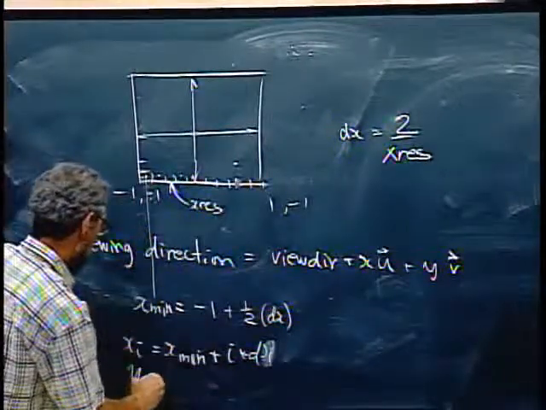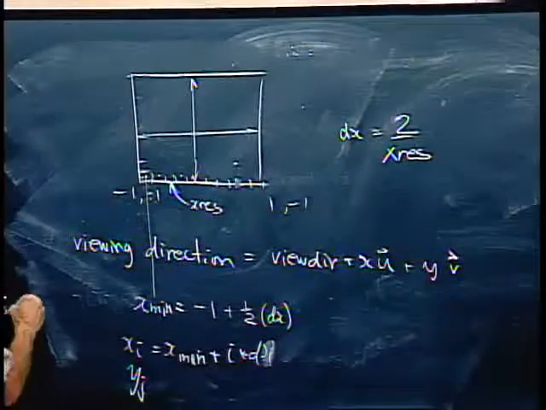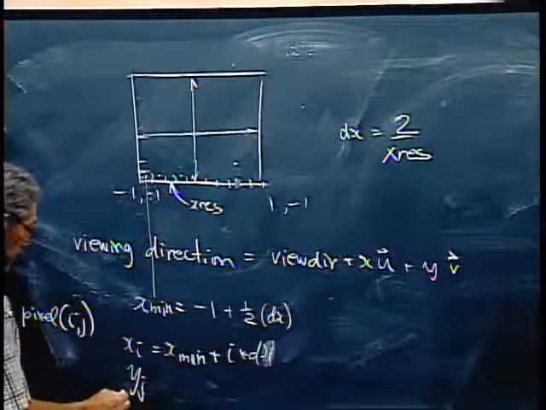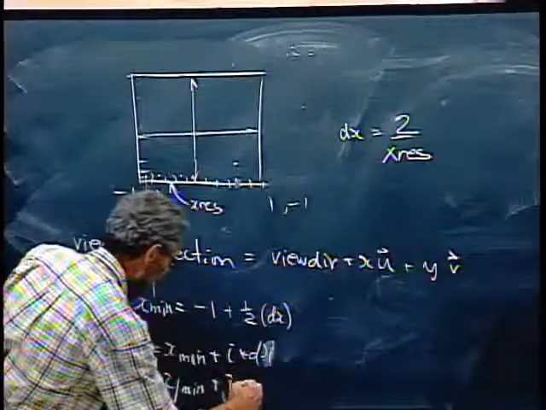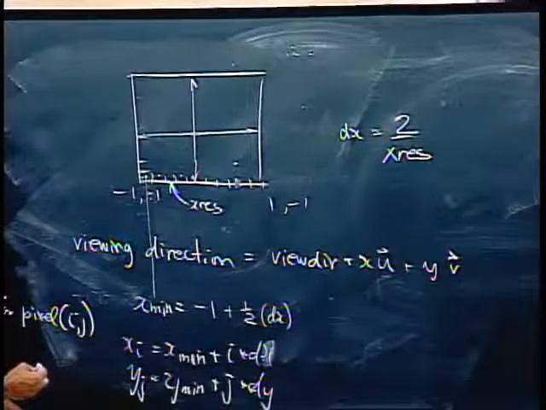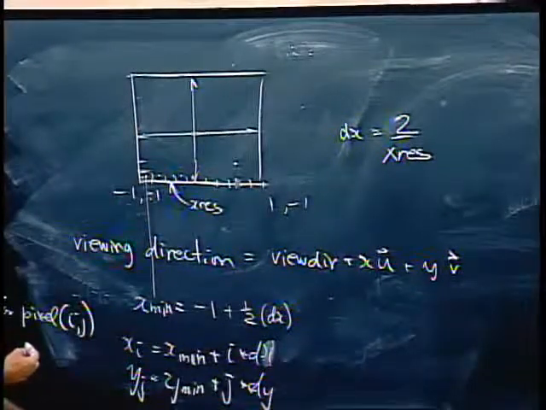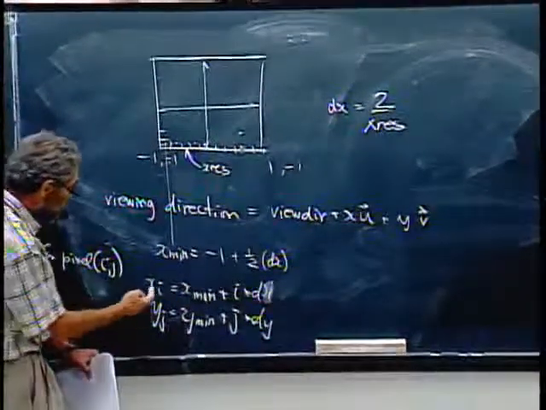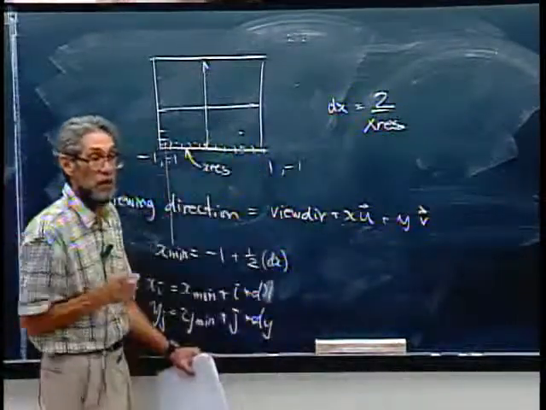And similarly, y_j for pixel ij is y min plus j times dy. For the same resolution in x and y, that amounts to the same thing. So this x and y is what you put in this equation to get your viewing ray.